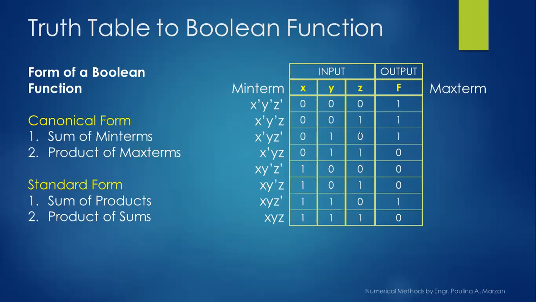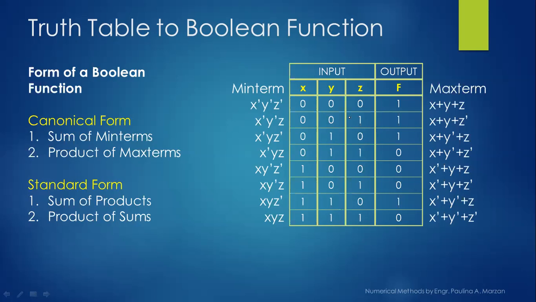So for x that is 0, y that is 0, and z that is 0, the max term of it is x or y or z. For the combination 0, 0, 1 for x, y, and z respectively, the max term is x or y or z prime. So it will follow that these are now the max terms of our table.